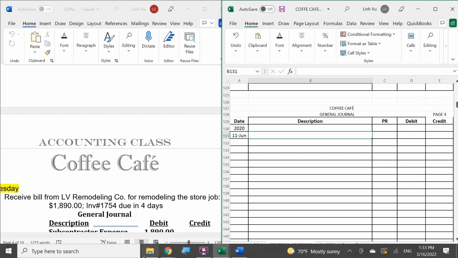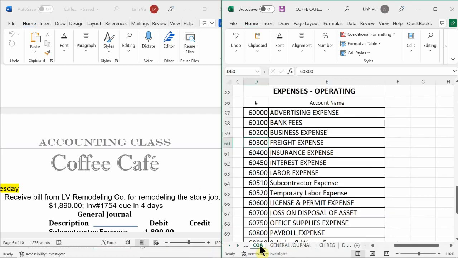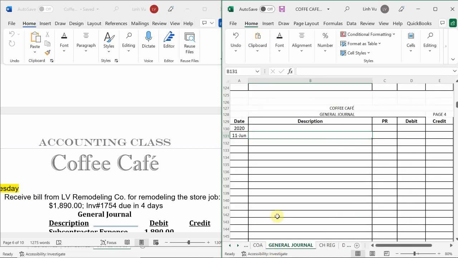So we got subcontractor expense, account number 6510, for $18.90.